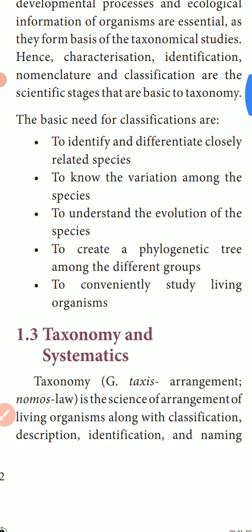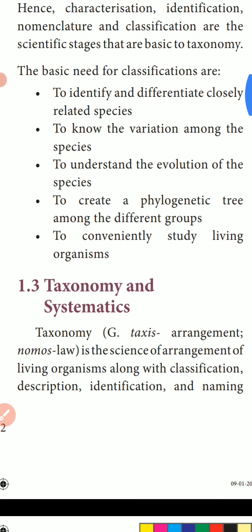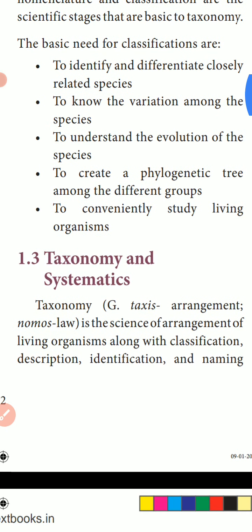What do you mean by variations? Variation means changes, a difference. That is what we call variations among the species. Whatever differences are there, we are going to identify. For that purpose, the basic need for classification is essential. It is also needed to understand the evolution of species.